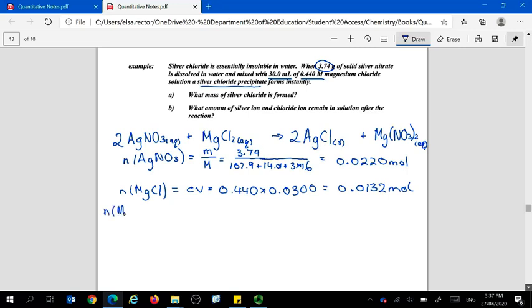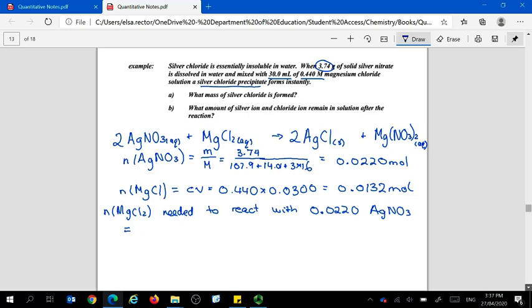Number of moles of magnesium chloride needed to react with the amount of silver nitrate that we have is going to be, so the amount of magnesium chloride is half as much, isn't it?